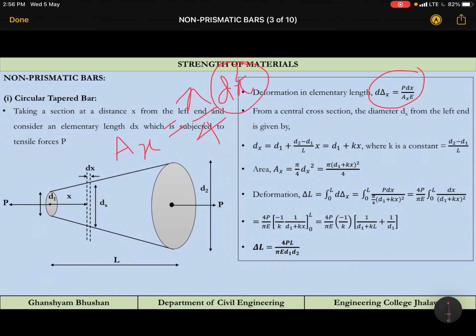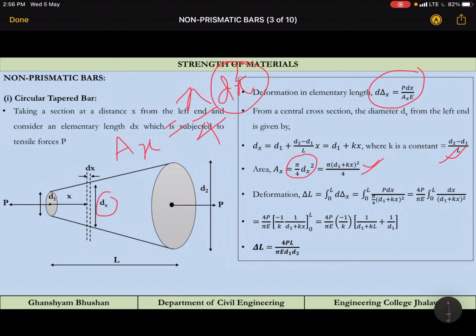So basically we have to calculate Dx. Dx will be d1 plus the slope into length x, where the slope is (d2 minus d1) by L.